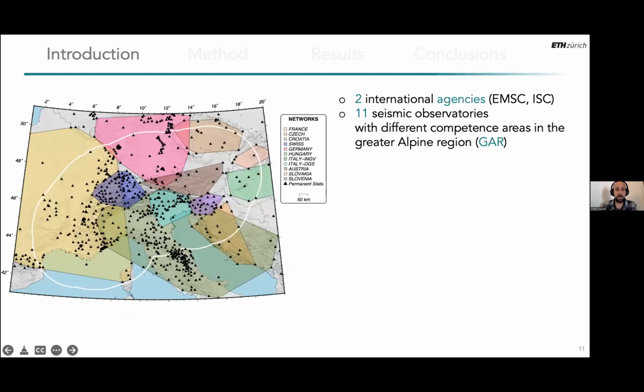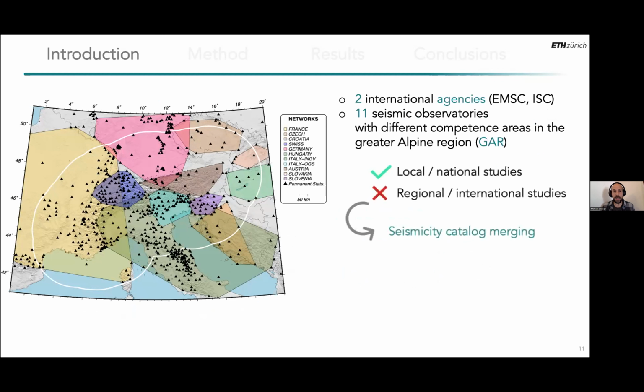At the moment, the greater Alpine region that you see here with the white contour line is monitored by two international agencies, the EMSC and the ISC, plus 11 national seismic observatories, all of them with different regions of competence, as you can see from the figure.